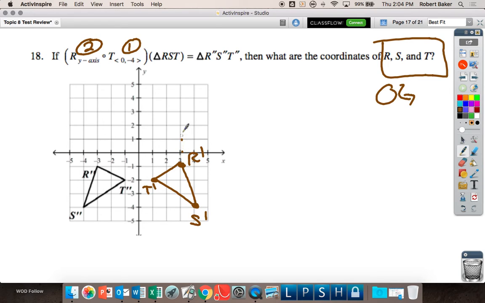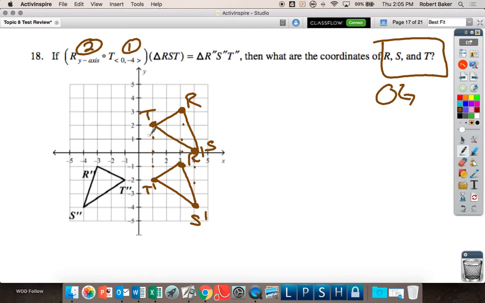Move it up, 1, 2, 3, 4. So when this problem started, that's where R, S, and T were. So if I slide this down 4 units, then reflect it, that's why this shape is here.